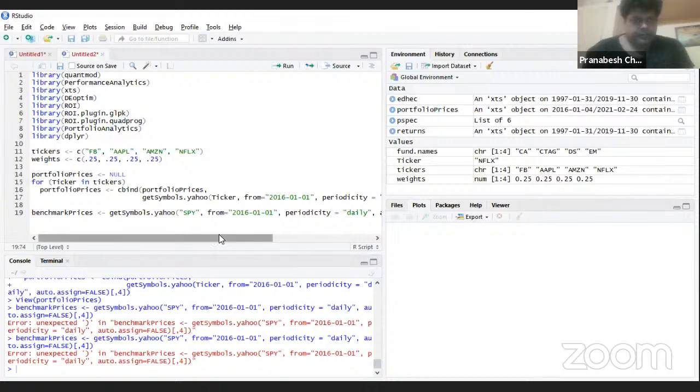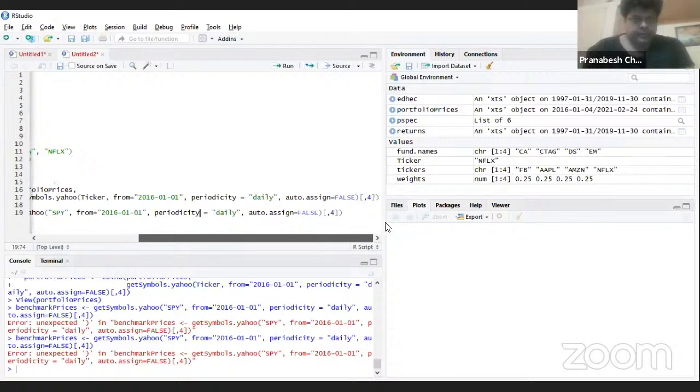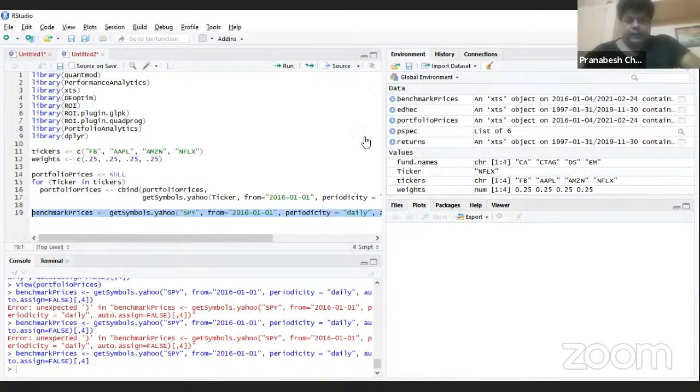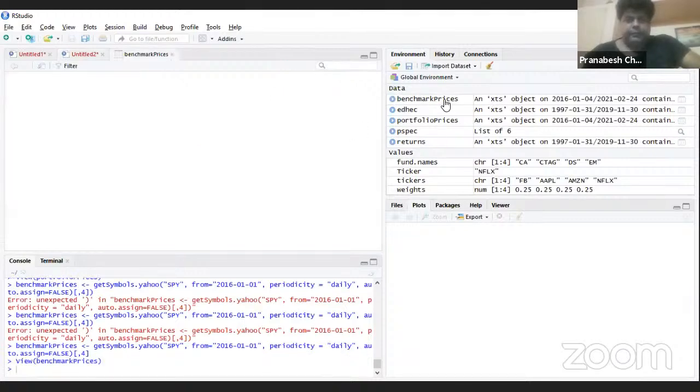So this is not there. Okay. Yeah, so it created our benchmark prices.